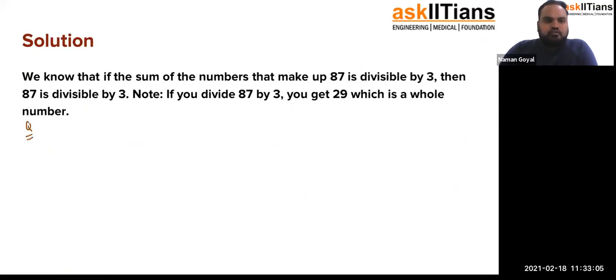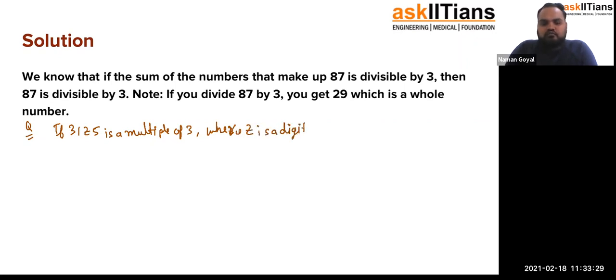Okay, the question is, if 31z5 is a multiple of 3, where z is a digit, then what might be the value of z?